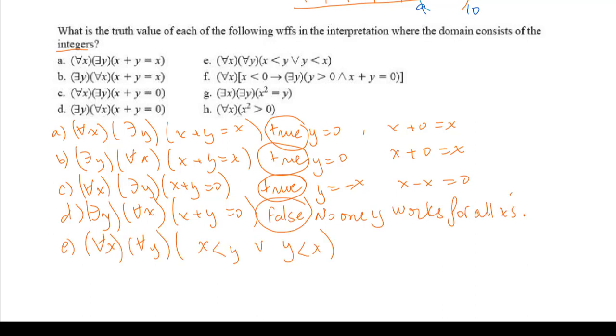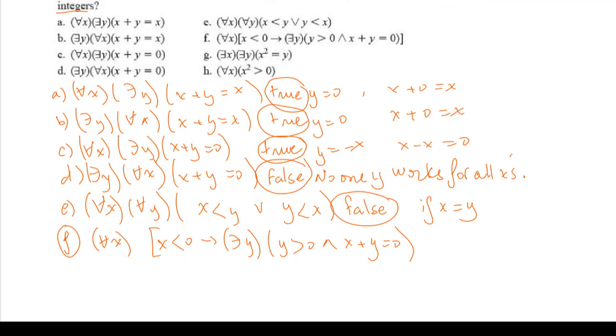Let's think of the next one. For all x, for all y, x is less than y or y is less than x. How about if x equals y? That wouldn't work. So it's false. And why is it false? Because how about if x equals y? And the next one, for all x, x less than 0 implies there exists y where y is greater than 0 and x plus y equals 0.